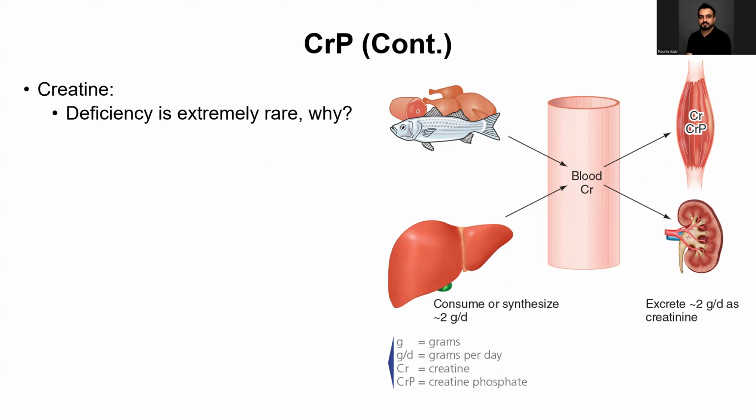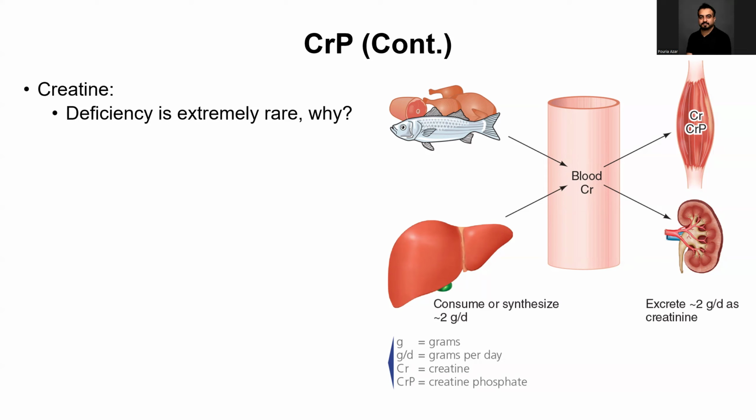So the deficiency is extremely rare for creatine. Why is that? Why do you think the deficiency of creatine is rare, uncommon? That's because we can get it from food. That's why it's rare.